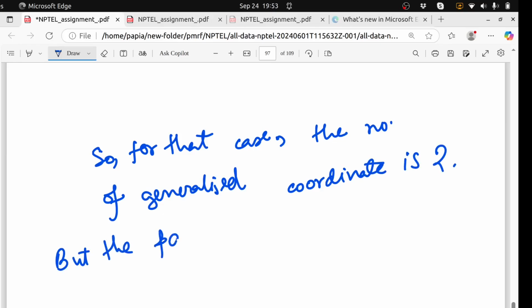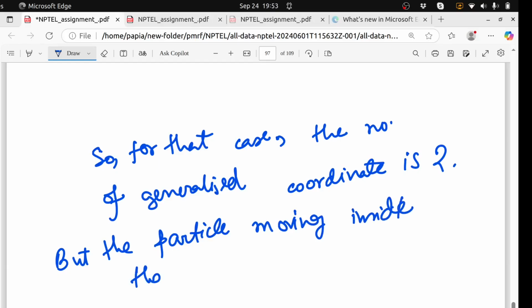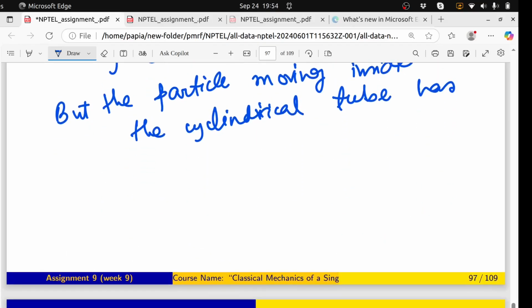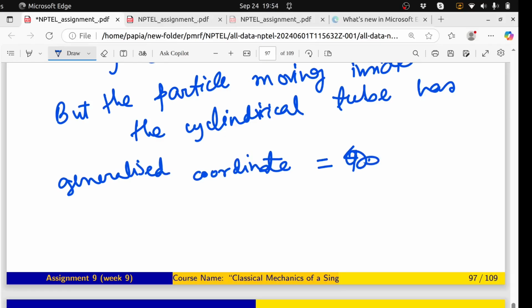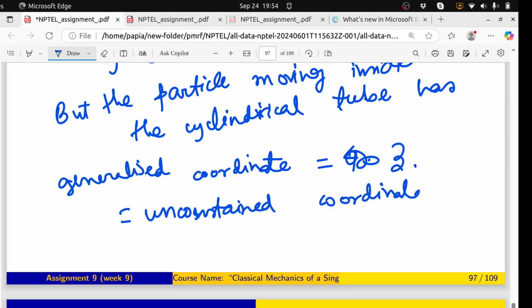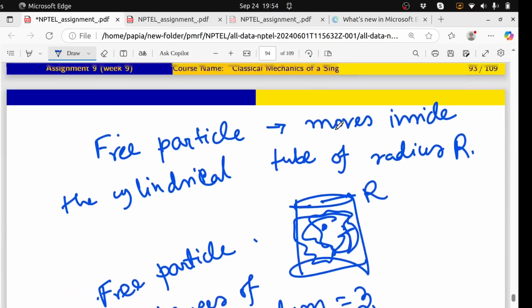But the particle moving inside the cylindrical tube has generalized coordinates as 3, which is exactly the unconstrained coordinates, because there is no equation of constraint. So the answer for this question will be 3.